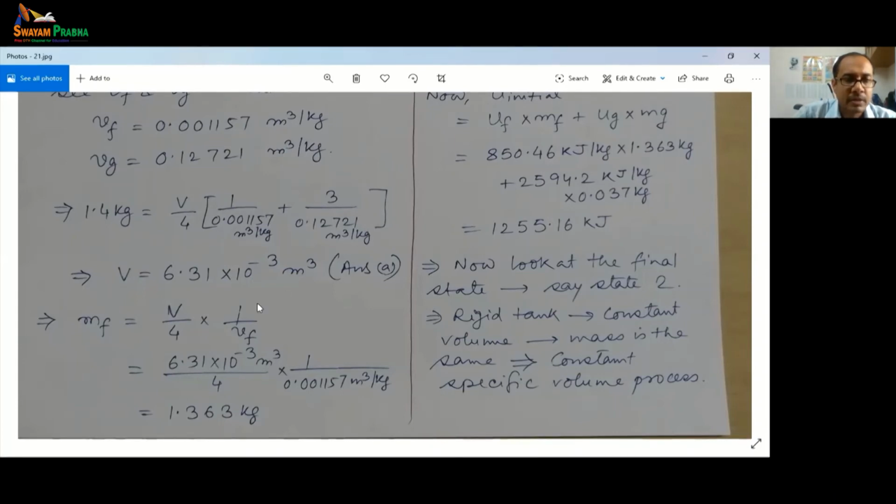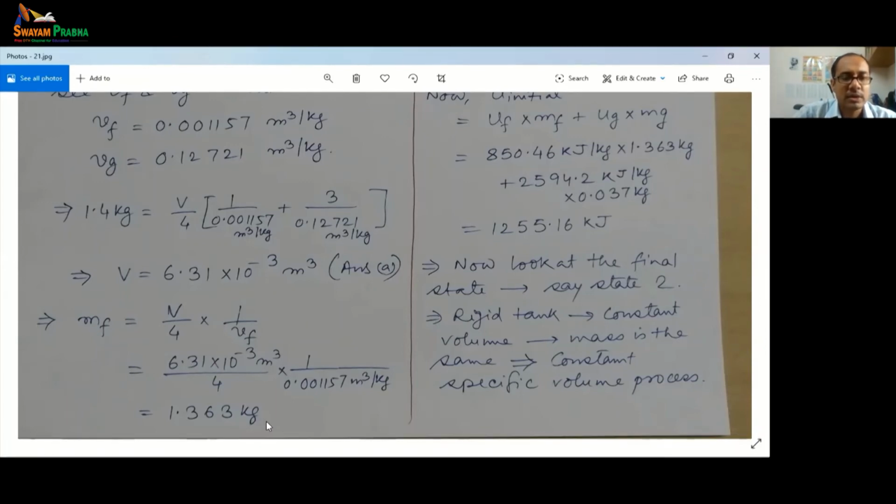Now let us look at the mass of fluid. We can find mf now, because capital V we know and small vf we know. Substituting these values, the mass of fluid at the initial condition is 1.363 kg.